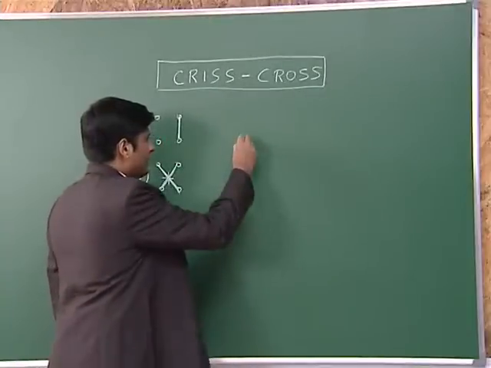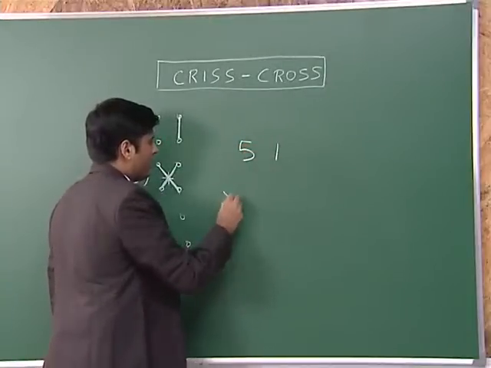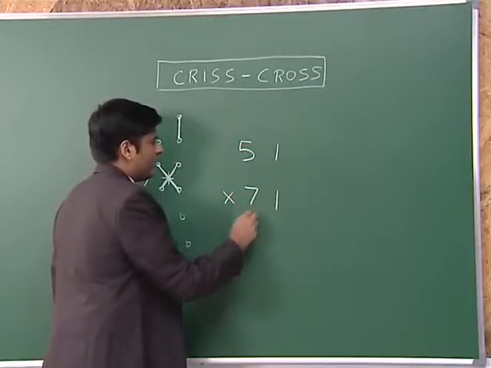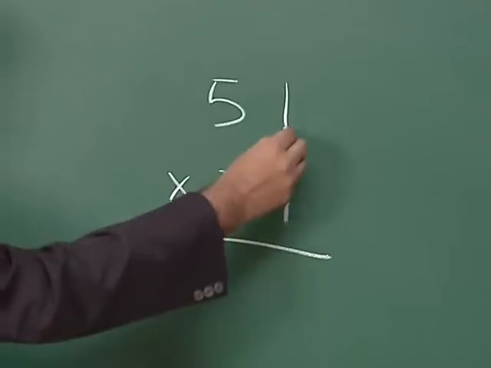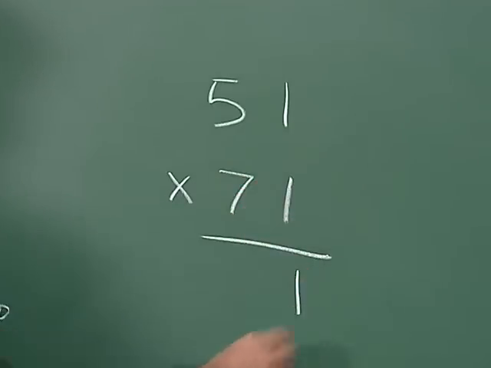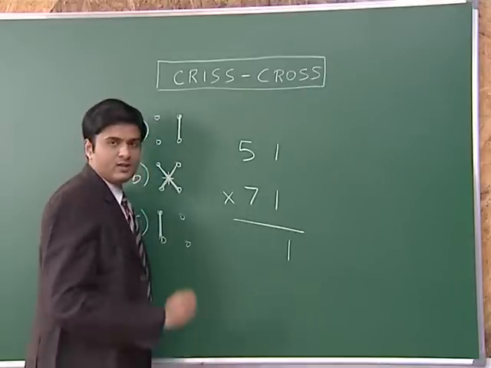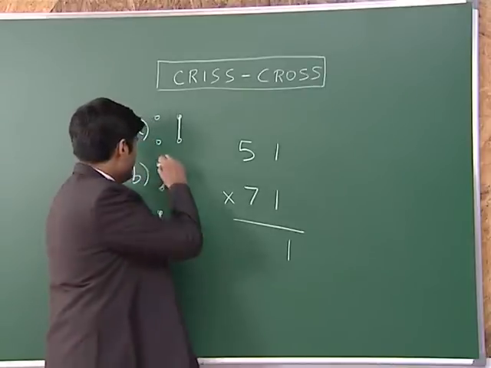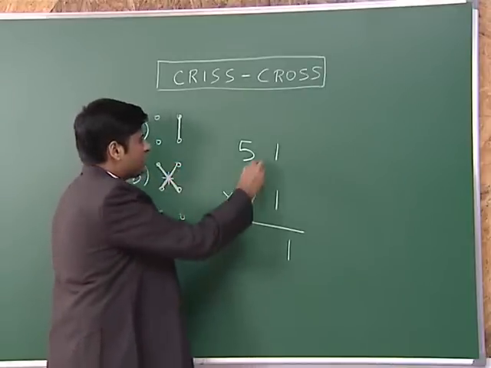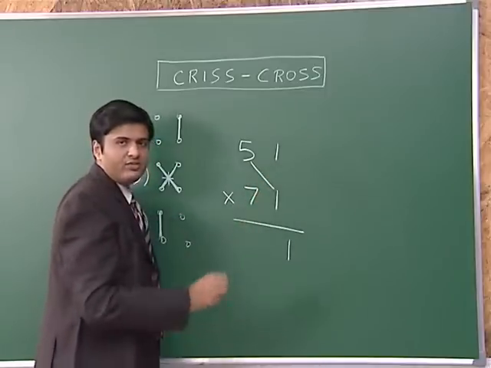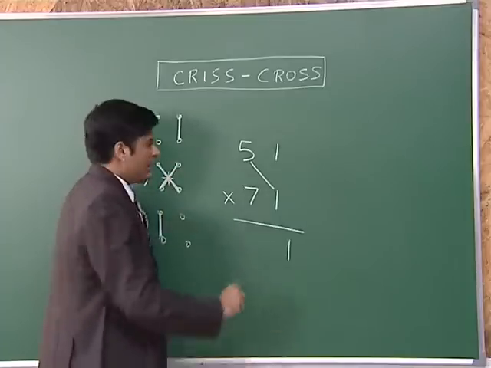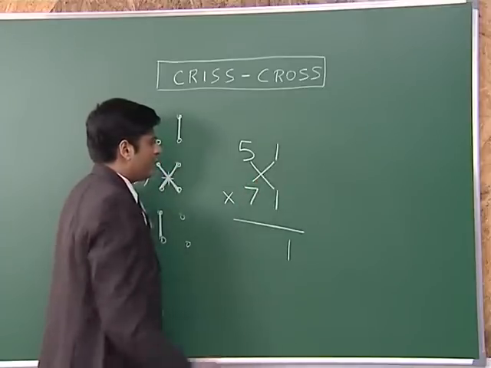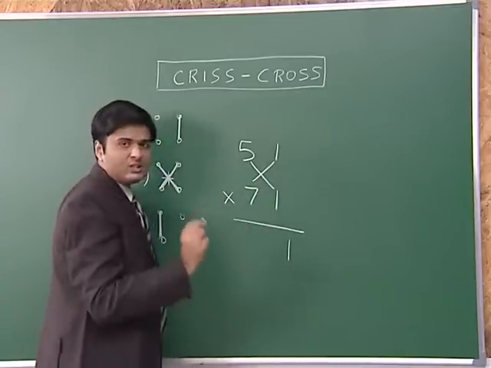Suppose I have to multiply, say, 51 times 71. First step says multiply these two numbers. So 1 times 1 is 1. Second step says we will cross multiply and add. So multiply these two numbers. 5 times 1 is 5. I keep 5 in my mind. Multiply these two numbers. 7 times 1 is 7. 5 plus 7 is 12.